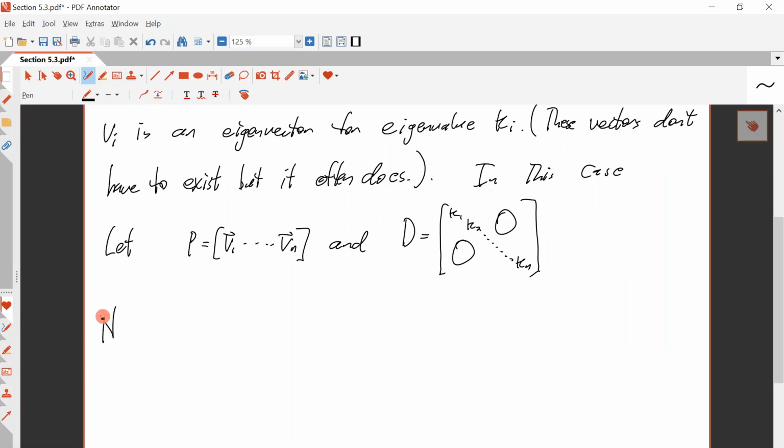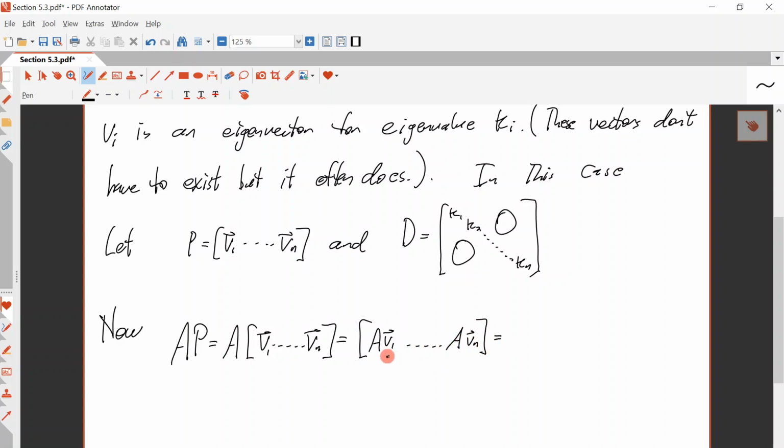Now, A times P is equal to A times this matrix whose columns are the eigenvectors v1 to vn. And the matrix product is the matrix whose columns are Av1 to Avn.